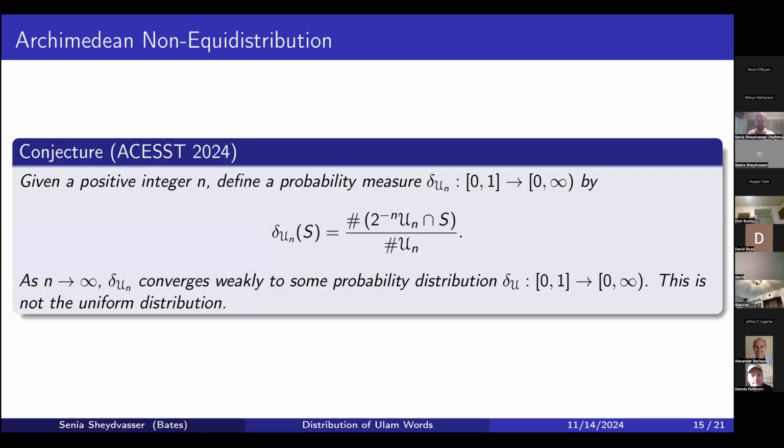So this is exactly our conjecture. We think you can get a result as follows. For any particular positive integer n, you can define a probability measure from the set of Ulam words. It's a probability measure on the unit interval.